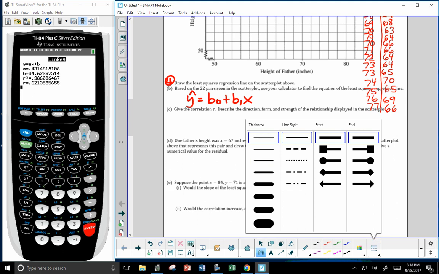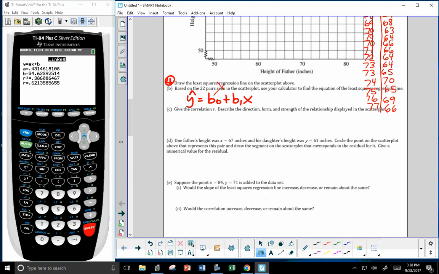So even if you messed up putting your data into the calculator, you still got a lot of credit for just doing the equation in the right form and then being able to tell me the direction, form, and strength. And honestly, you can look at the scatter plot and see that without having to run anything. So again, if you didn't put the data in correctly, it was a minimal deduction of points. It was like 3 points total that really hurt you.